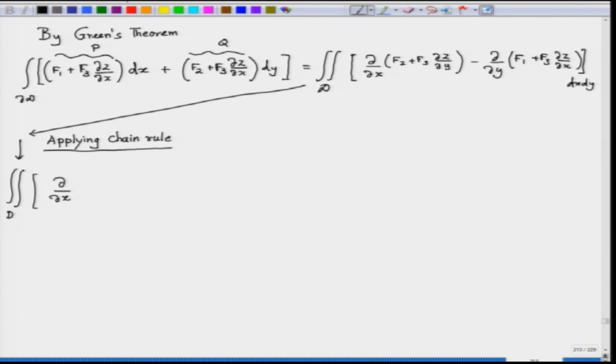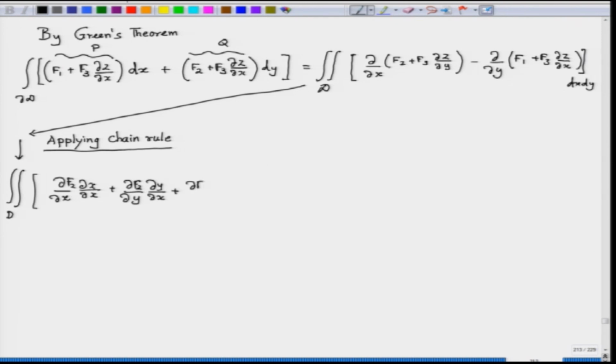If I apply the chain rule here, first I will do del x of f2, del x which is 1, plus del f2 of del y into del y del x, because I am doing it with respect to x. So del f2 of del x into del x. I first separated this f2 and then I am doing this one separately.